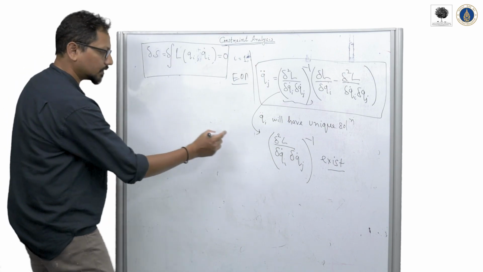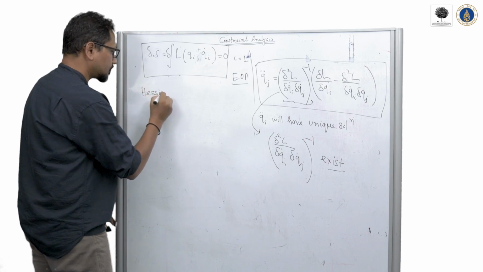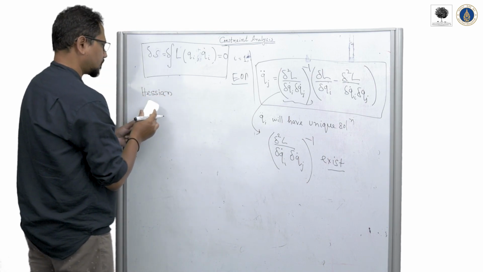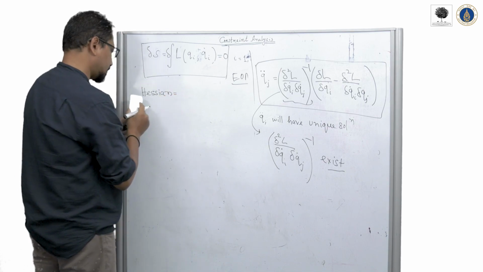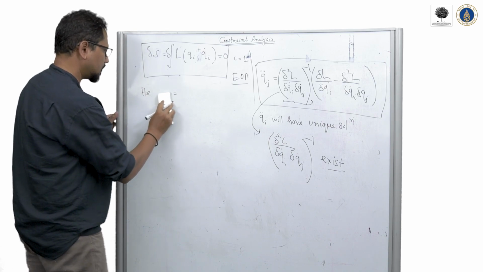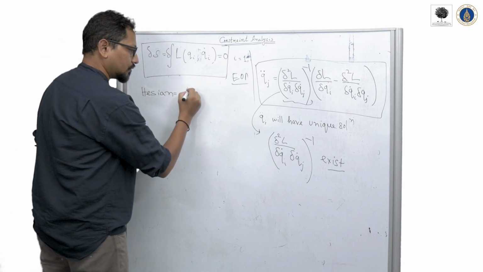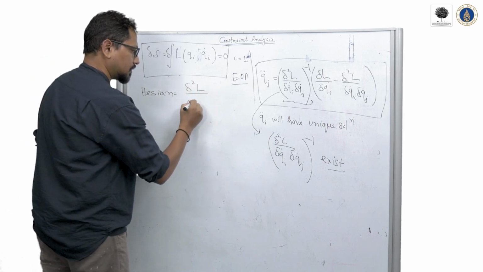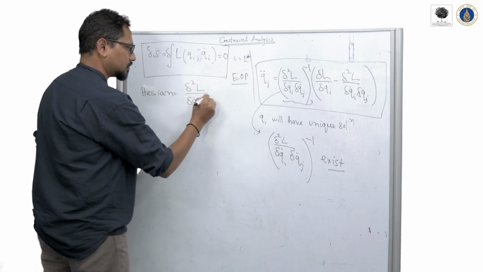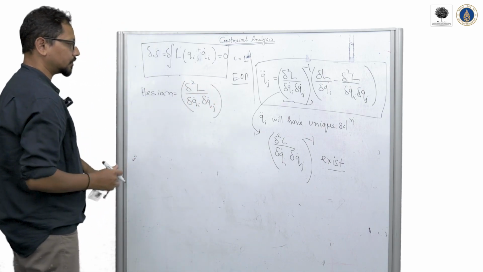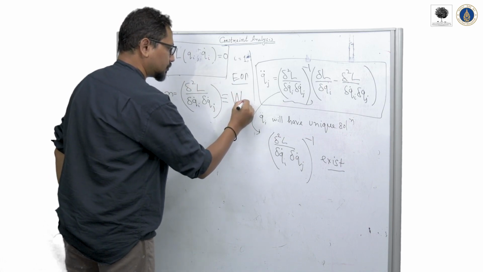So let us name this quantity. It is called Hessian. Let us call this quantity Hessian and denote it by matrix Wij.